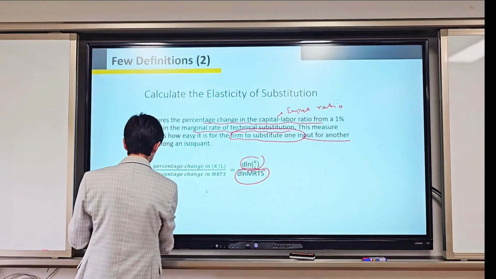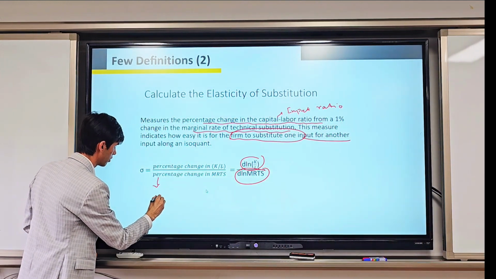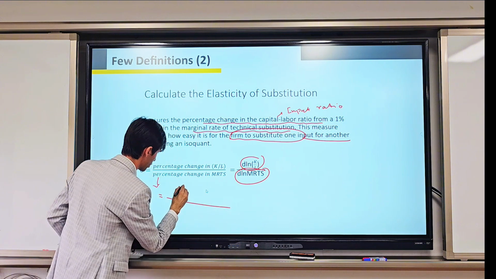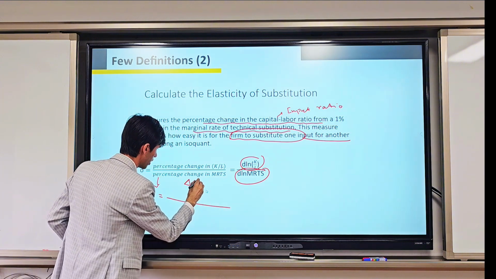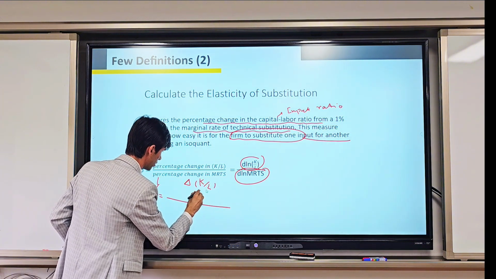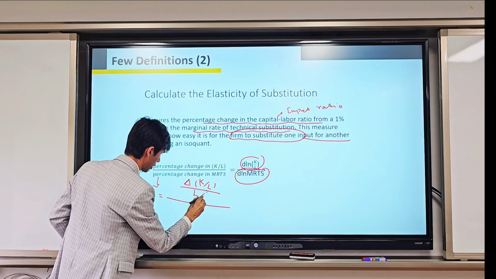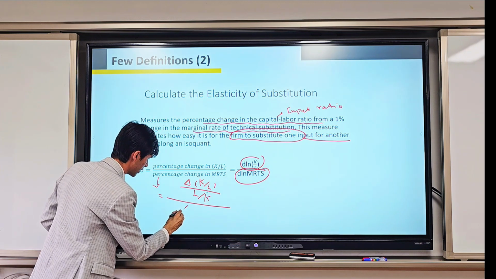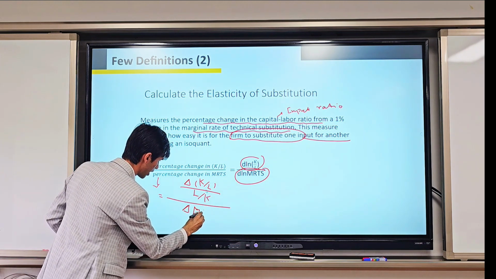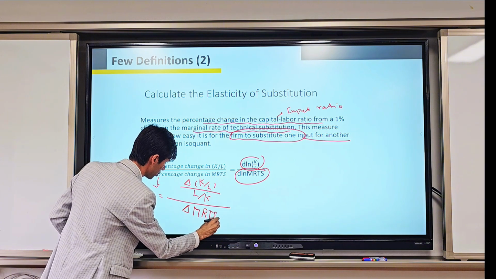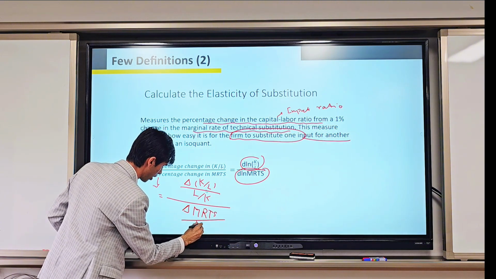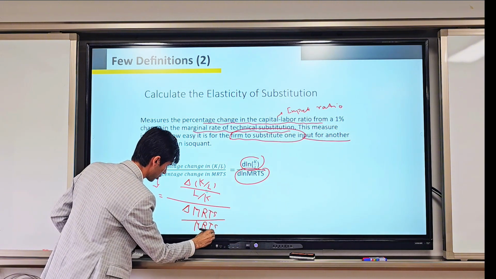And we can write this as the change in capital labor ratio divided by the capital labor ratio, over the change in the marginal rate of technical substitution divided by the marginal rate of technical substitution.